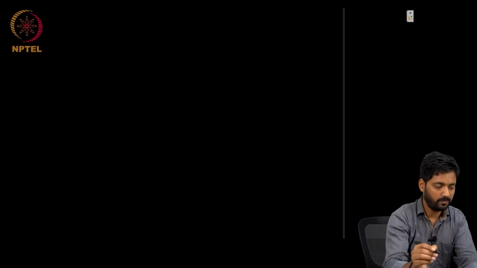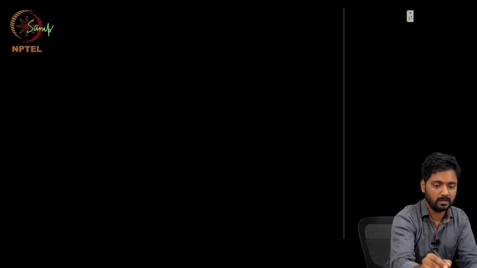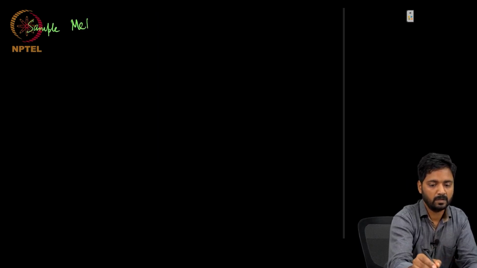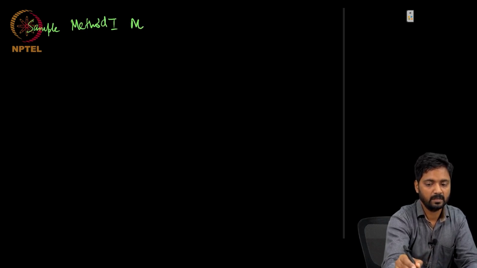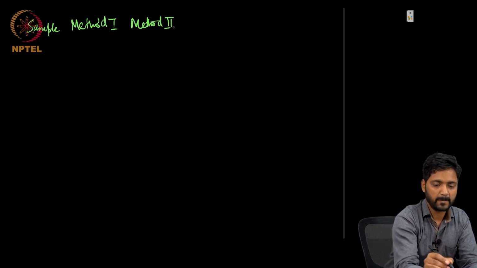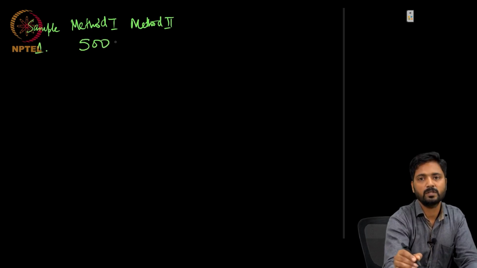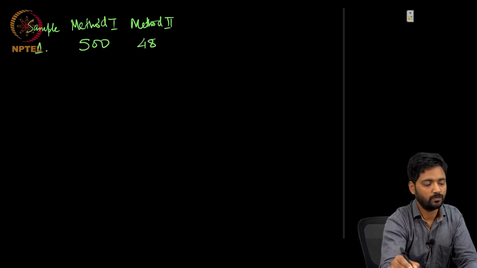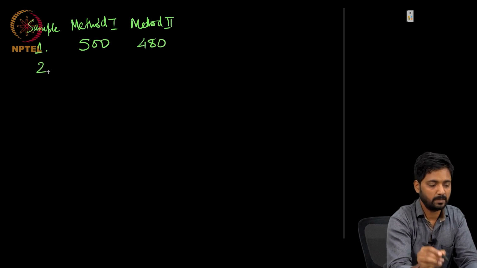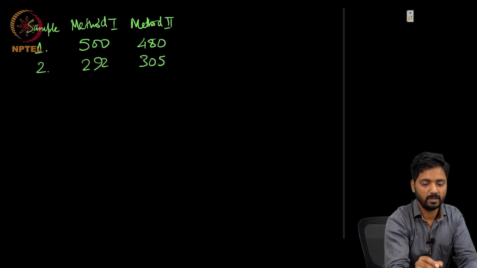So what we have are sample method 1 and method 2 being applied to the same sample, and for sample 1, method 1 gave a reading of 500 while method 2 gave a reading of 480. Sample 2, these numbers were 292 and 305.